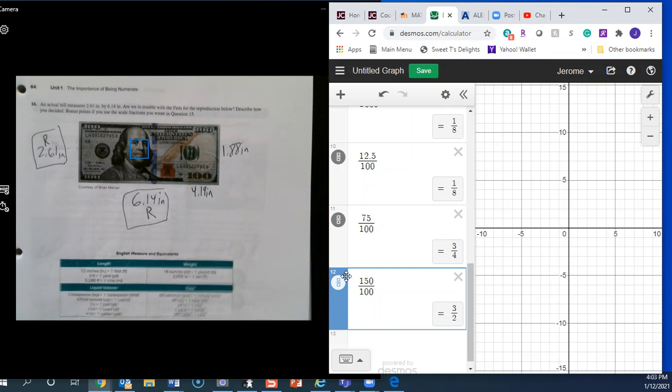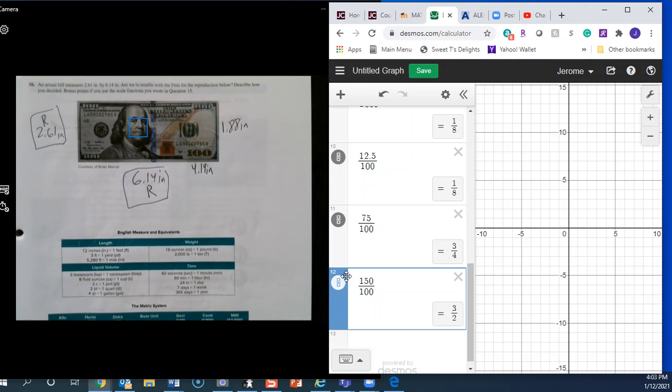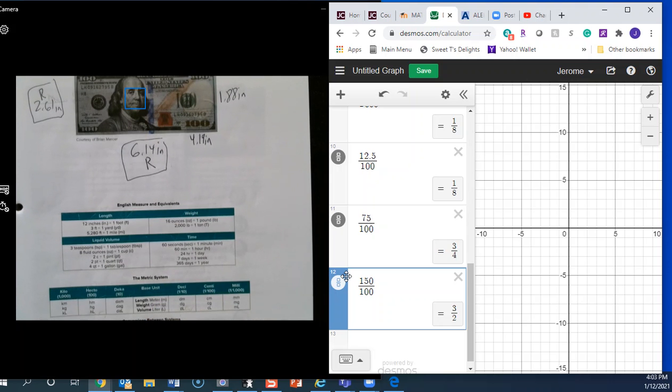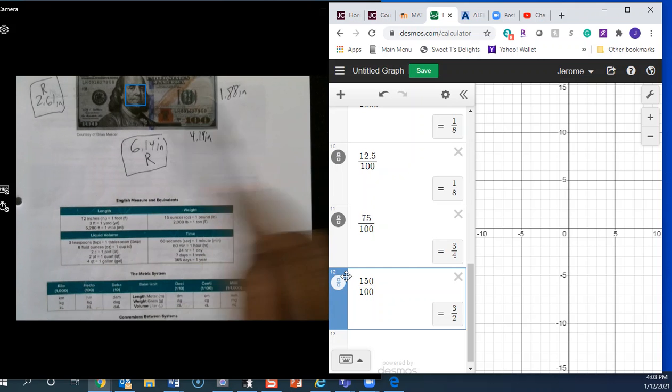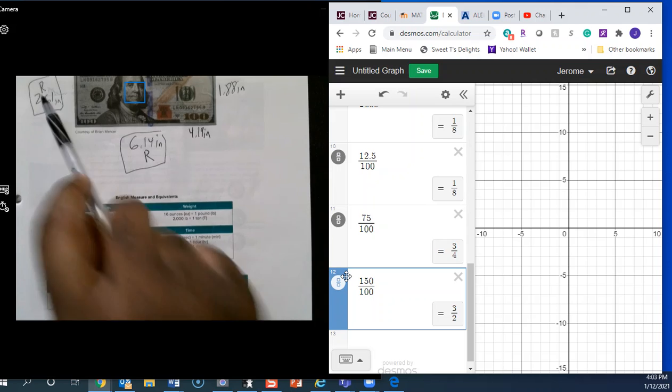Now we want to find out if we would get in trouble with the law. So this is what we would do. Remember, it has to be 150% larger or less than 75%. Now, if you look here at the real bill, these two sides are less than that.